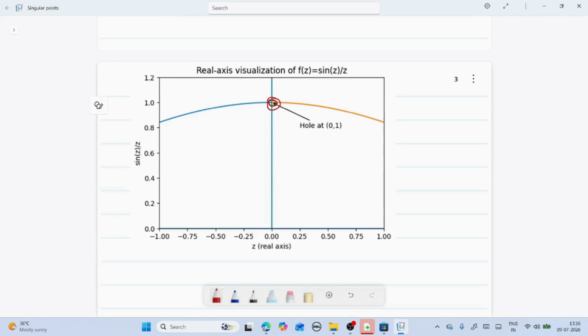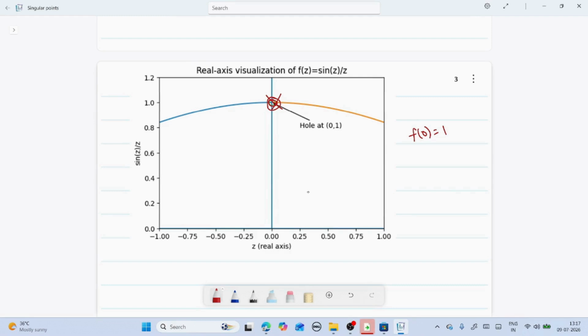Therefore, we just redefine the function saying f of 0 is equal to 1. When I redefine the function as f of 0 equal to 1, this hole will disappear and therefore the graph becomes complete and it is analytic at z equal to 0.